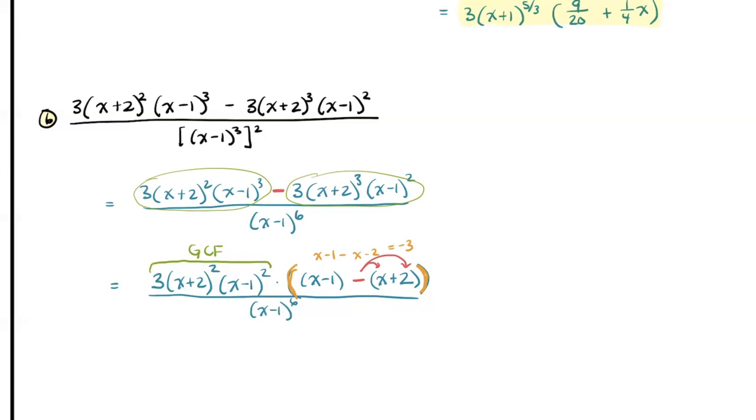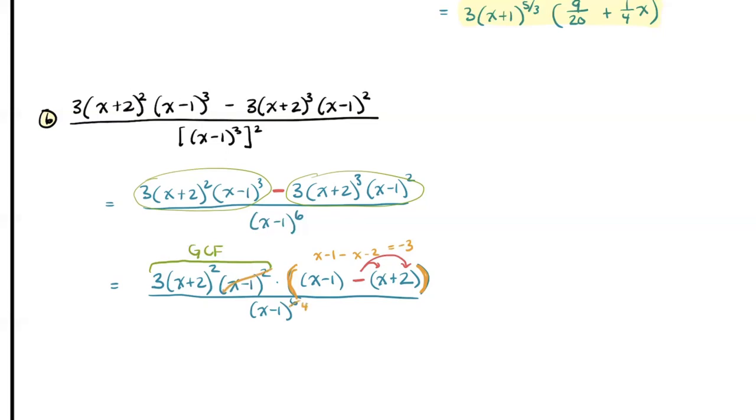Additionally, we have now been able to write the numerator as some stuff multiplied by x minus 1 squared. And then we're dividing by x minus 1 to the 6th. So we can also cancel out that whole factor in the numerator and then just get it to the 4th in the denominator.